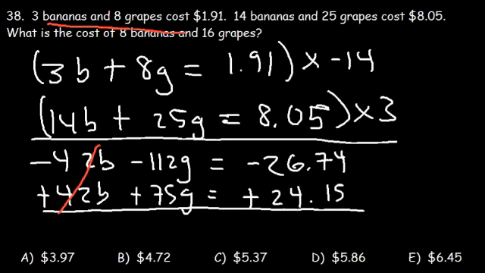And negative 112g plus 75g is equal to negative 37g. And negative 26.74 plus 24.15 is negative 2.59. So now we can solve for G.